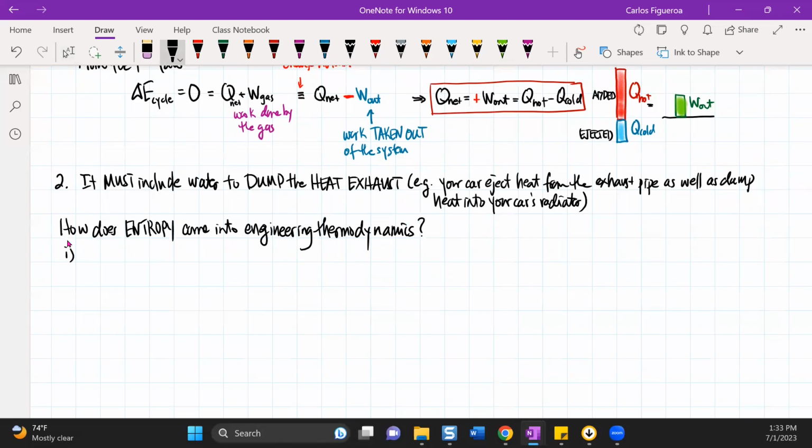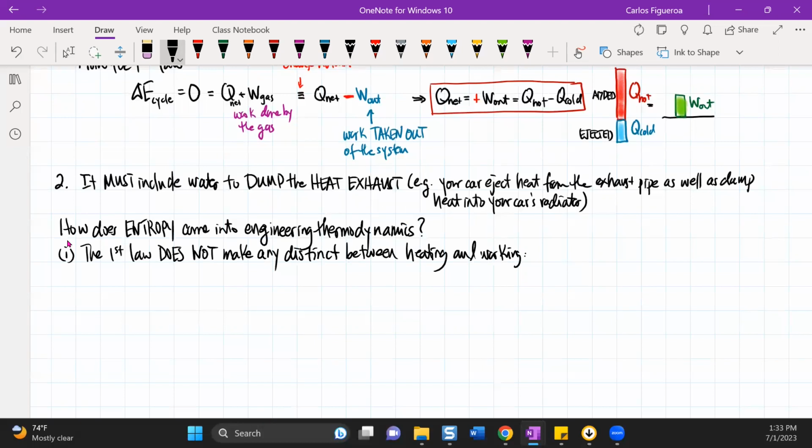The first thing that I would say here is that the first law does not make any distinction between heating and working.